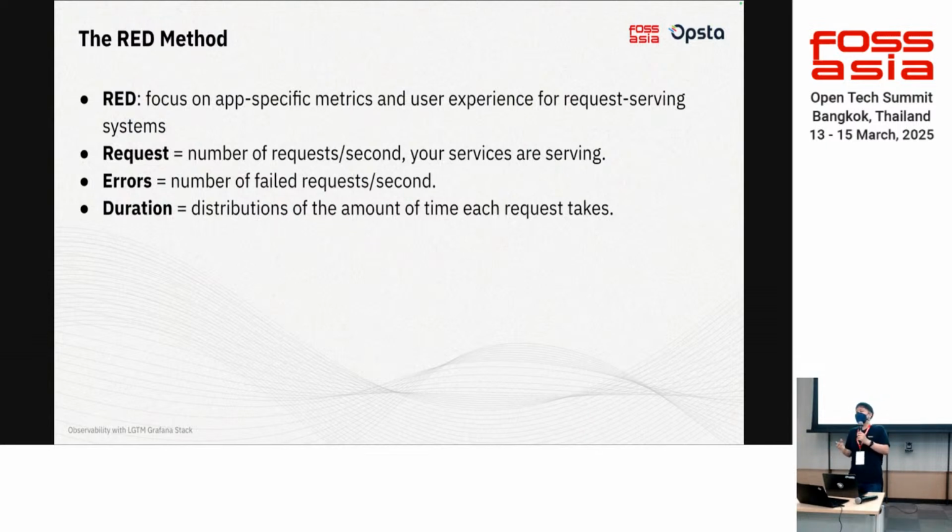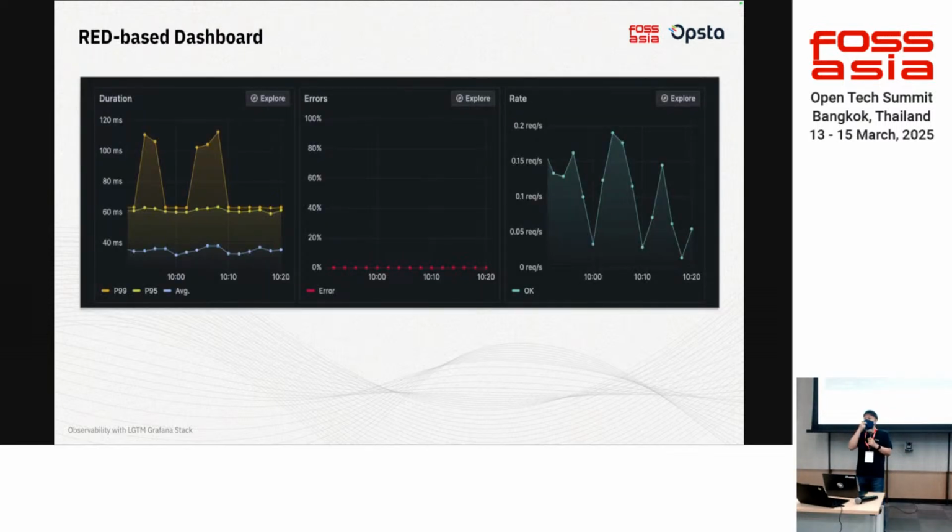So we know exactly how users interact with the system and how they experience it. One thing I want you all to remember: next time when you do monitoring, when you do observability, you should focus on the RED metrics, not the USE method on utilization. You still have to have the USE method, but the RED method should be the main monitoring of your system.